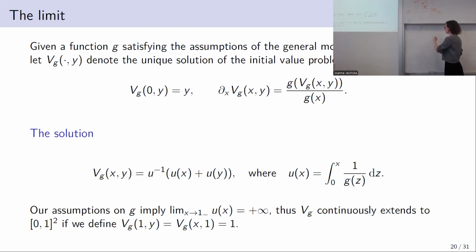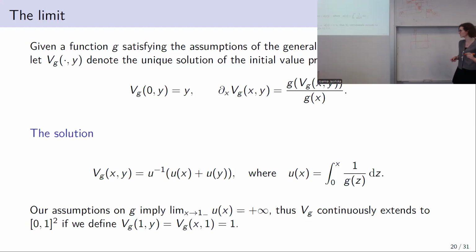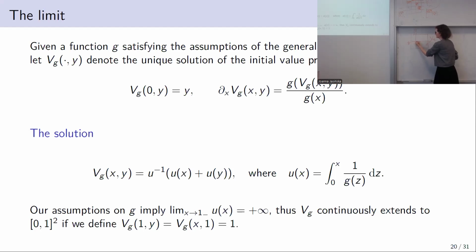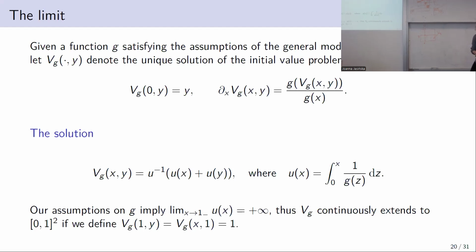I had a measure mu, I was sampling points according to this measure, and Vg counts how many points fall into this area. So Vg is the mass in this L-shaped area between y and x. We guessed what the limit should look like, and I will explain how we managed to guess it. It is just the solution of this differential equation.